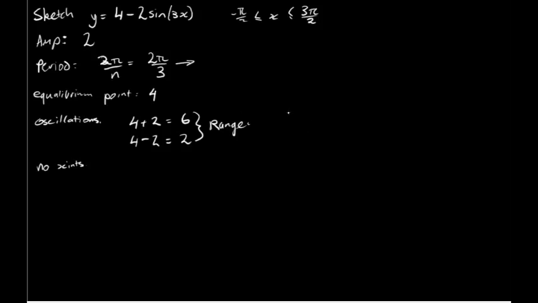So when we draw our graph, we go from minus pi on 2 up to 0 and then to 3 pi on 2.